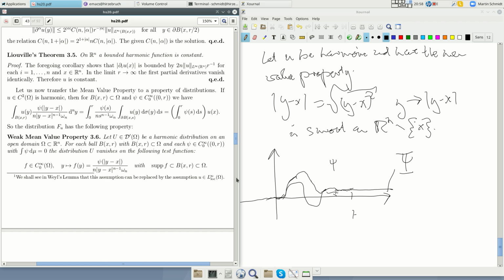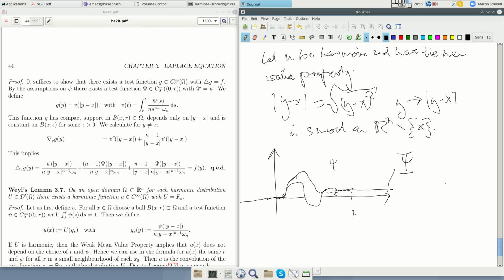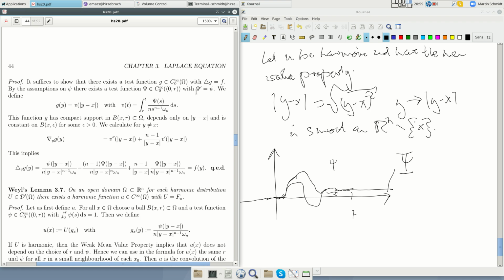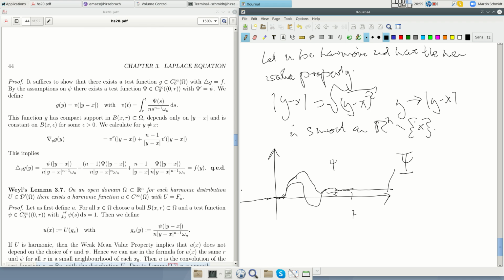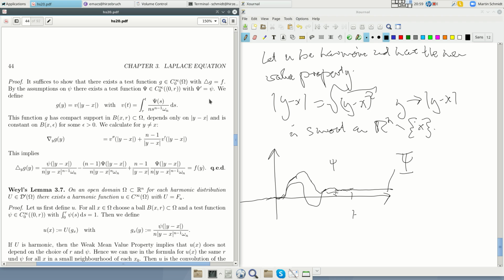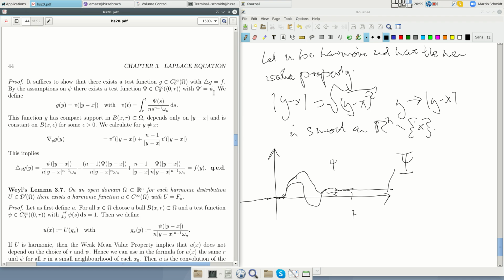We need this condition to find this function capital psi with compact support. Because otherwise we might have some non-zero constant here if it's 0 there. We can only have such an antiderivative with compact support if we have this condition. Okay, but we assume this, so we find this condition. If the integral is 0, then finally here psi will be 0. Here the constant is exactly this integral. Okay, so we have this function.